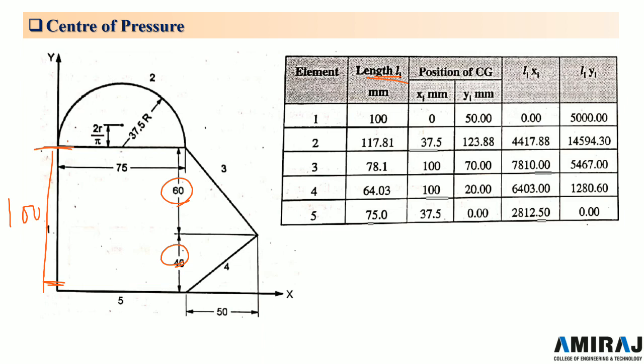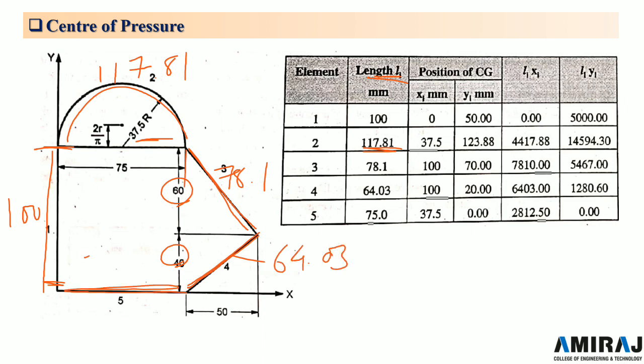For the semicircle, the perimeter is calculated for this radius, 2 pi r, so 2r by pi, and it is 117.81. This inclined length is 78.1, this is 64.03 and this is 75 mm. So the lengths are given.